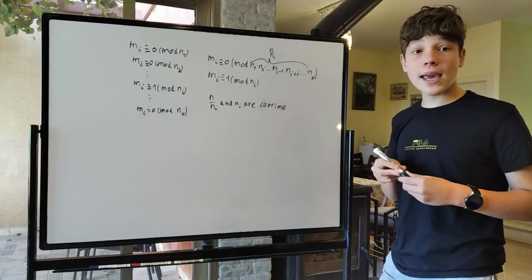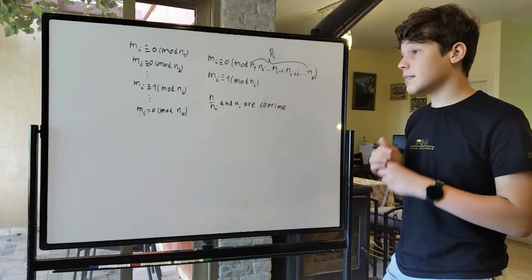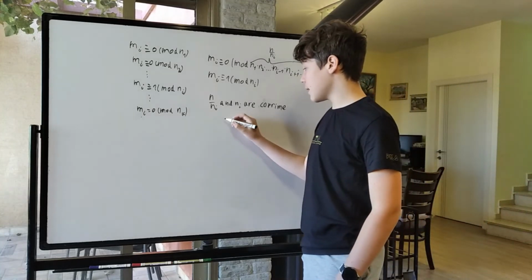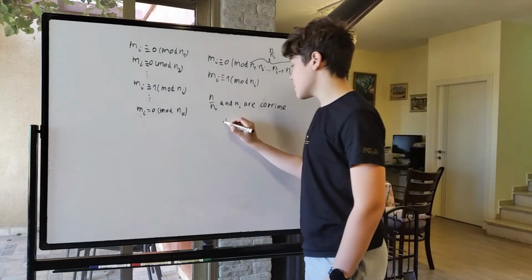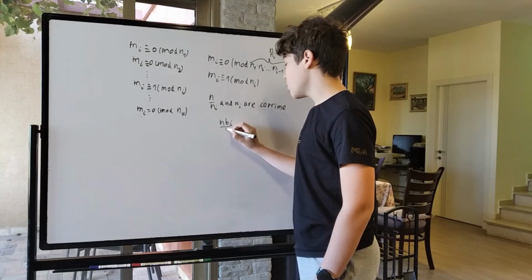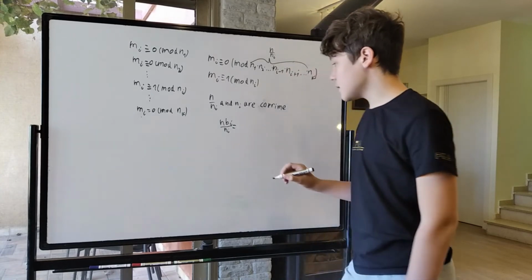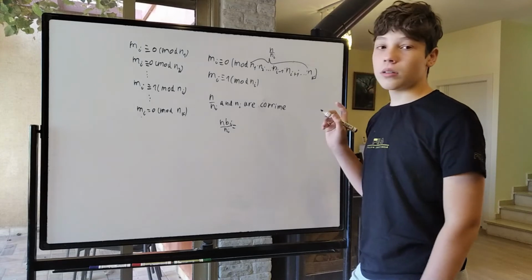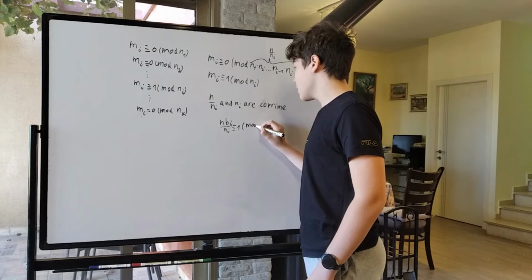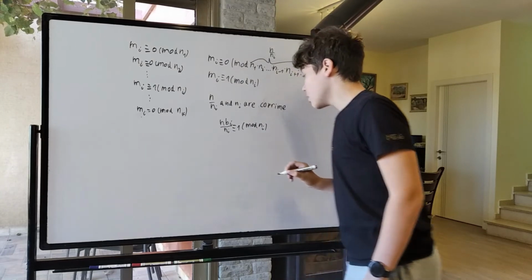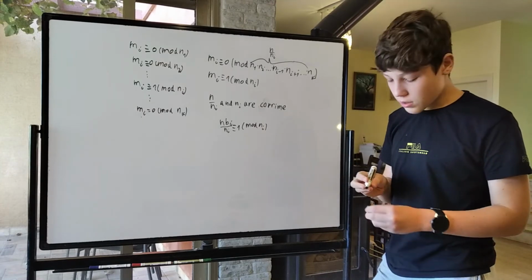And if that's the case, we know by the theorem that we just proved, there exists a certain bi such that when multiplying it by n over ni, we get that this is congruent to 1 mod ni. We know that there exists a bi that satisfies this because of what we just proved.